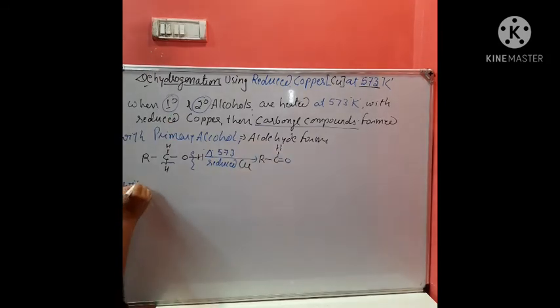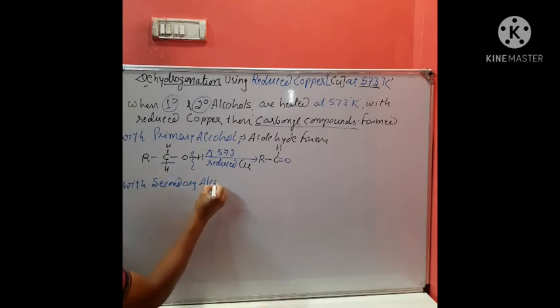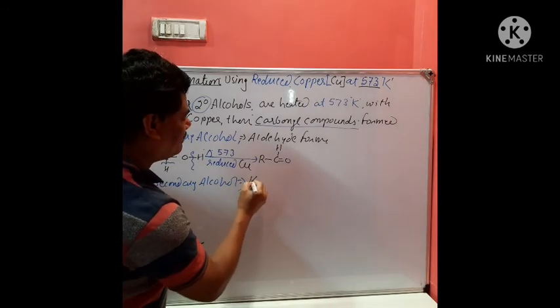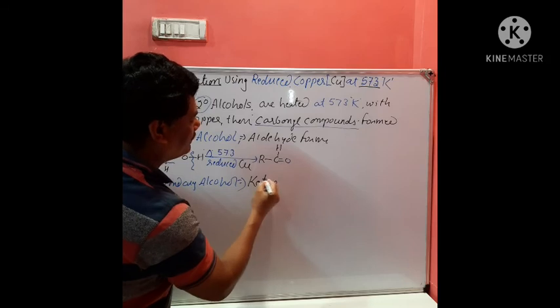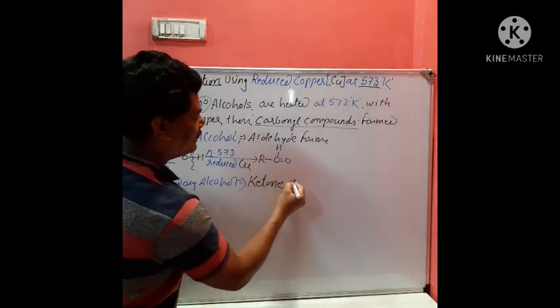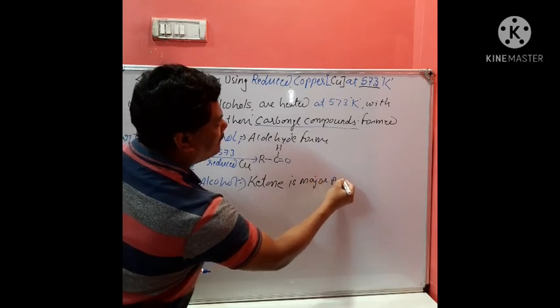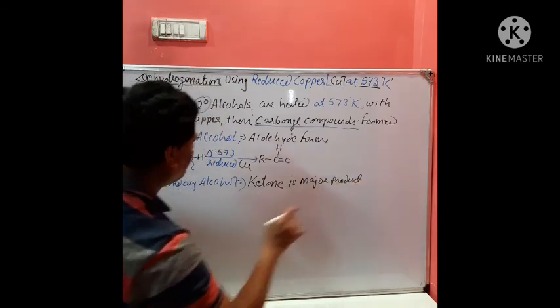With secondary alcohol, ketone is the major product, or say main product.